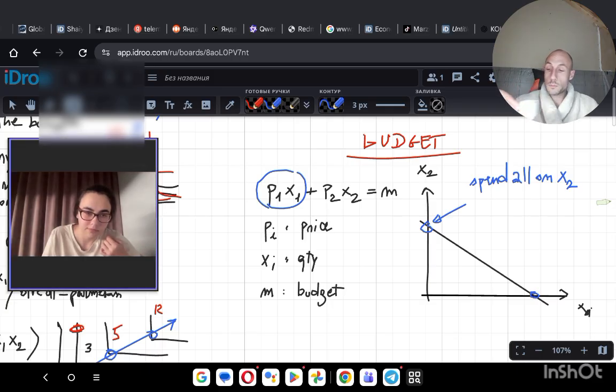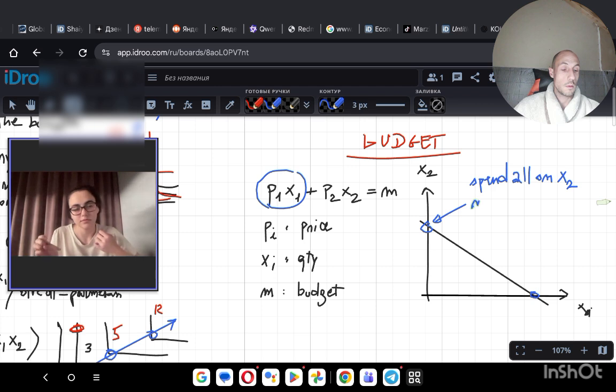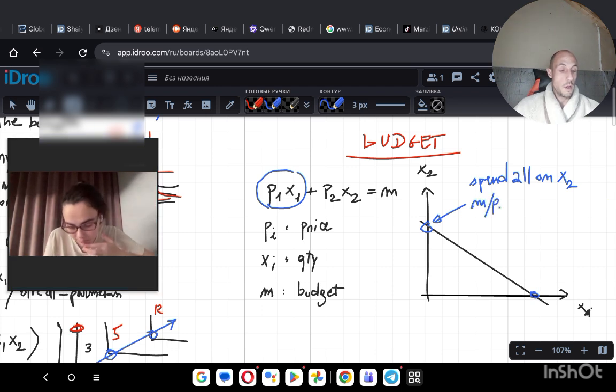M divided by p2. Right. And the same here, this is m divided by p1, correct?